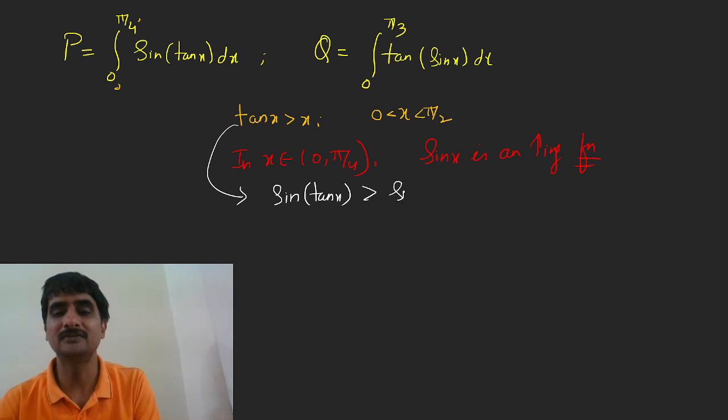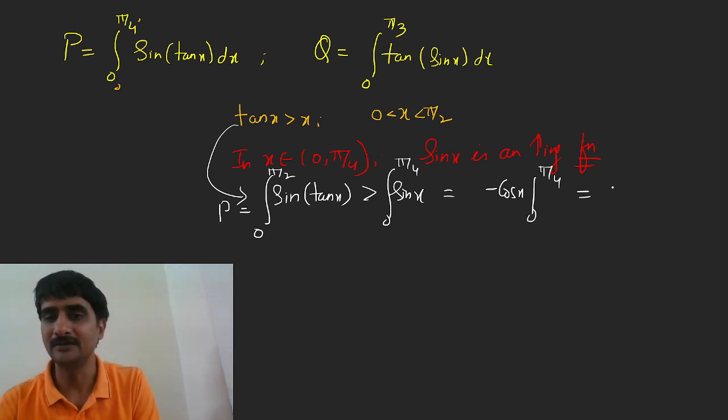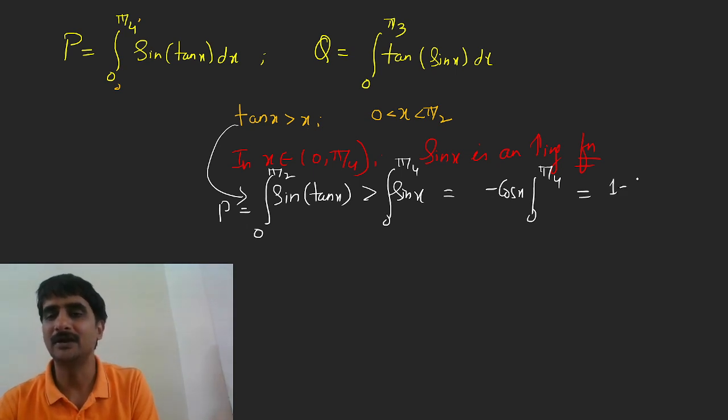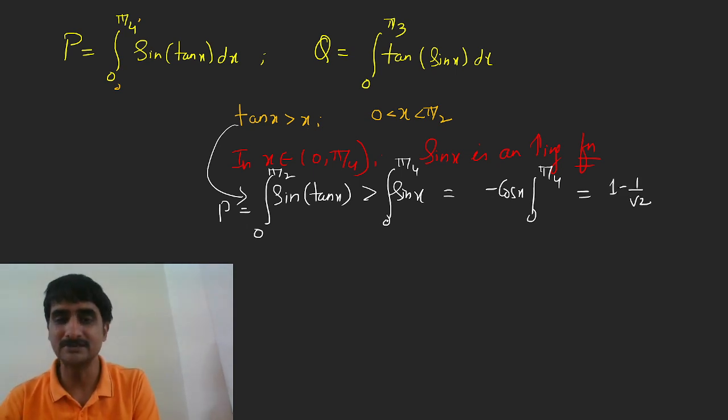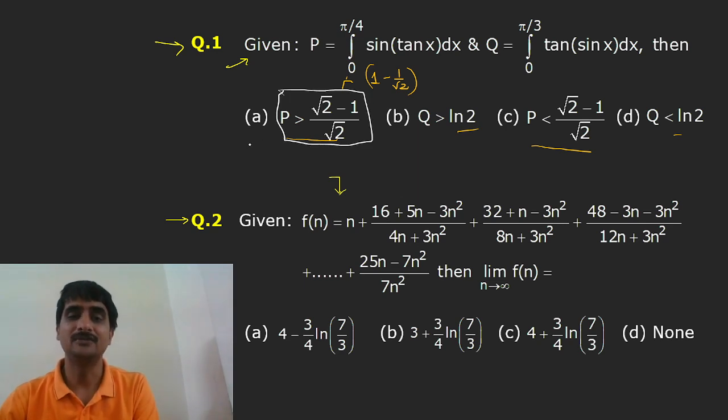So P, which is the integral from 0 to pi by 4 of sin of tan x, is greater than the integral from 0 to pi by 4 of sin x, and this is nothing but minus cos x from 0 to pi by 4, which is 1 minus 1 by root 2. So P is greater than 1 minus 1 by root 2, so that's one answer here.